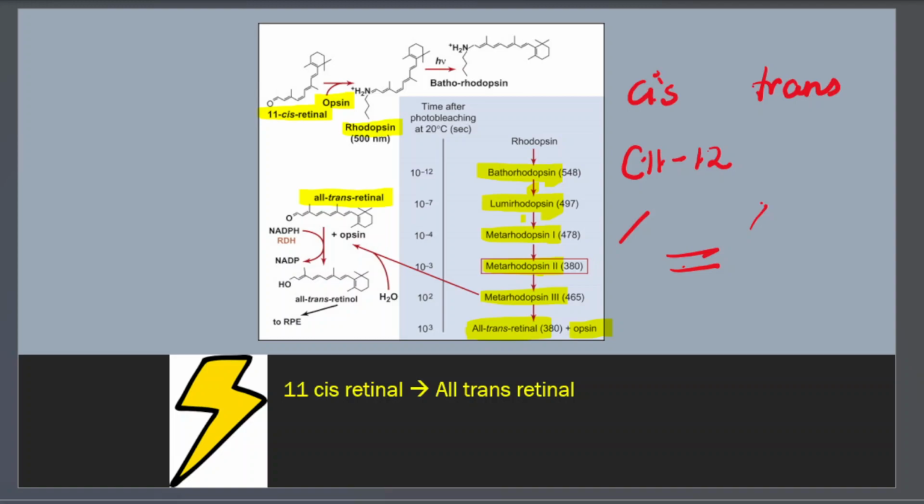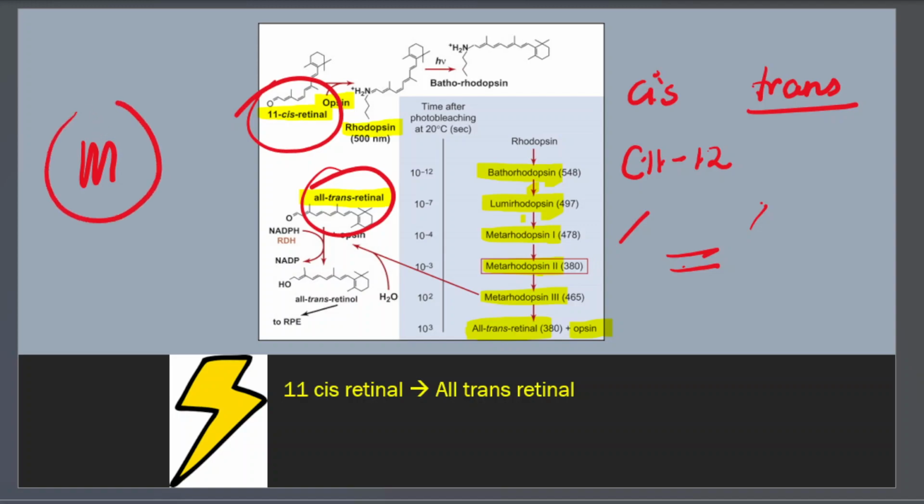If the groups on either side of the double bond are in opposite directions, you call it a trans configuration. Since this 11 cis retinal is present in your rhodopsin, if this configurational change happens, of course your rhodopsin will undergo some conformational change.